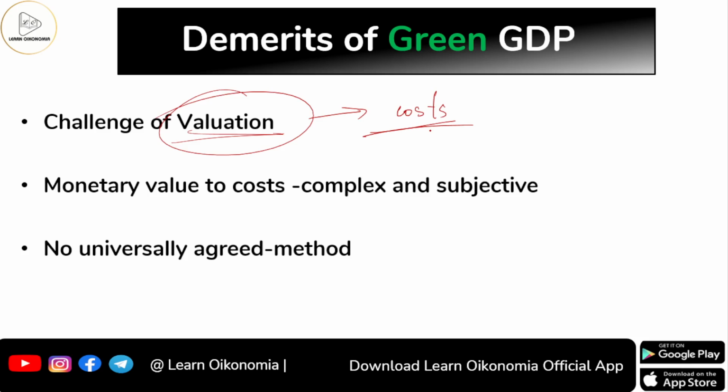Sometimes I might be a person who loves nature. So for the same reason, I might attach a high cost to the damage that the environment is having. Somebody might not be caring about the environment. He might be attaching a very low cost there. So it is something very much subjective. It depends on how you consider the environment here, whether you consider the environment as something good or bad, or whether you consider the environment as something which is very much required or something just little required.